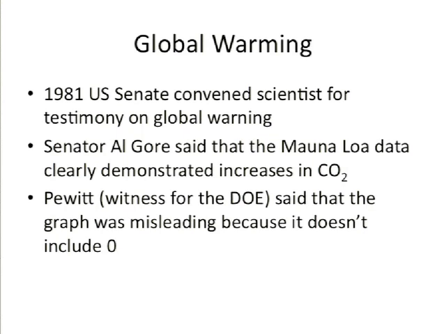And if you remember from Howard Wainer's Dirty Dozen that we talked about on Friday, we did note that at times you do want to include zero, or at a minimum you want to include a scale on your vertical axis so that you can judge the size of an effect. There's a difference between being able to judge the size of an effect and including zero. And Pewitt was claiming that if you didn't have zero, you couldn't judge the size of the effect.